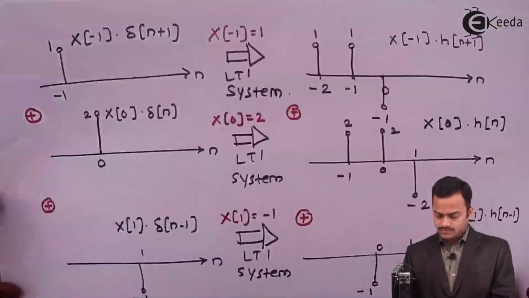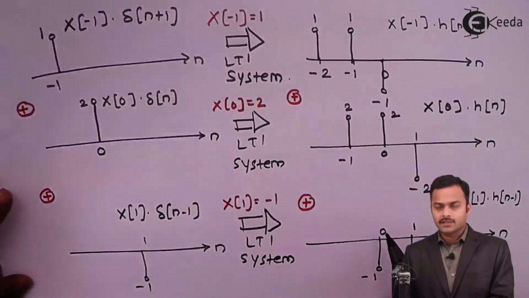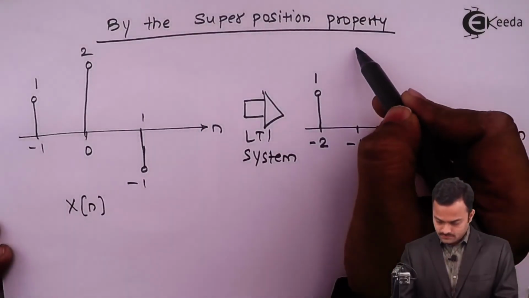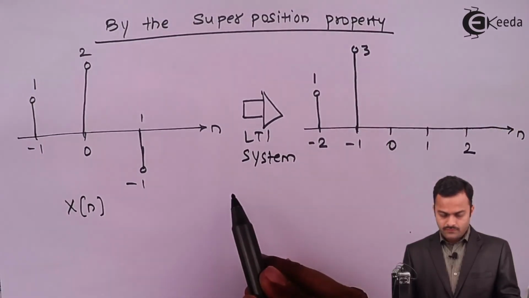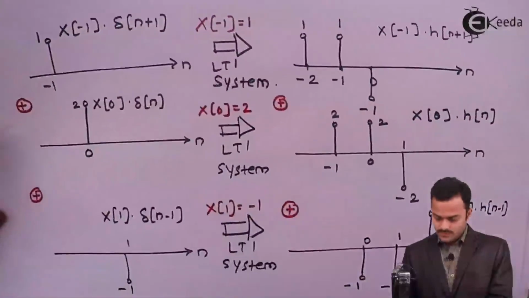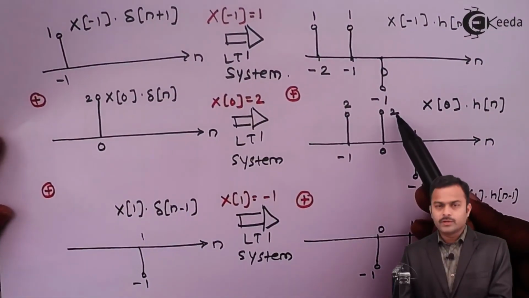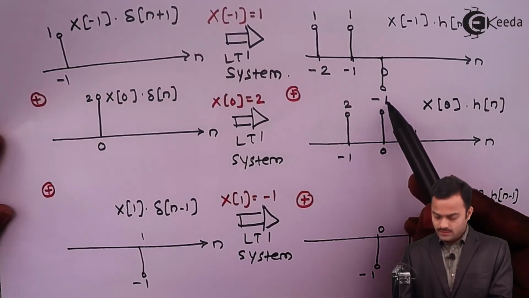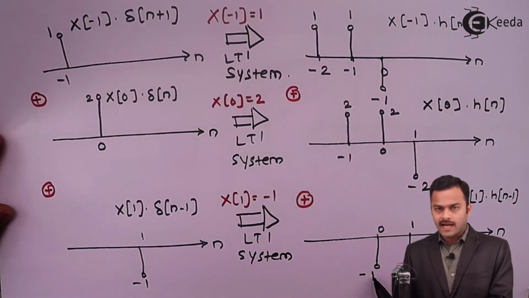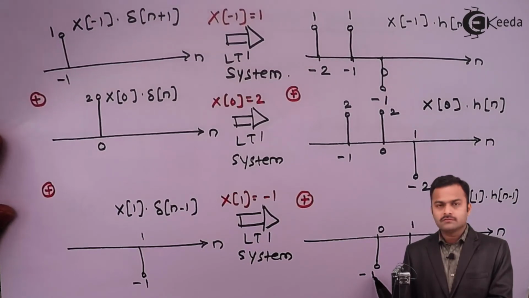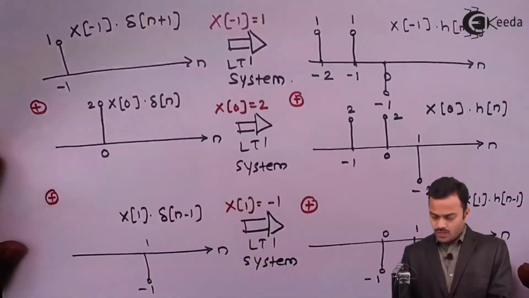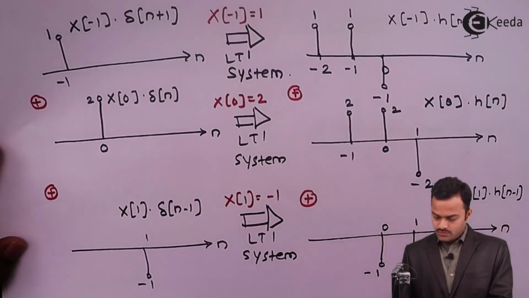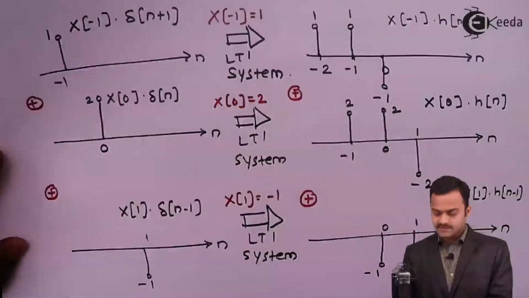For -1, 1 and 2 will get added to become 3. For n equal to 0, -1 added with 2 will give you 1, and 1 added with -1 will give you 0. For n equal to 1, it is -2, here it is -1. So if I add, it will be -3.